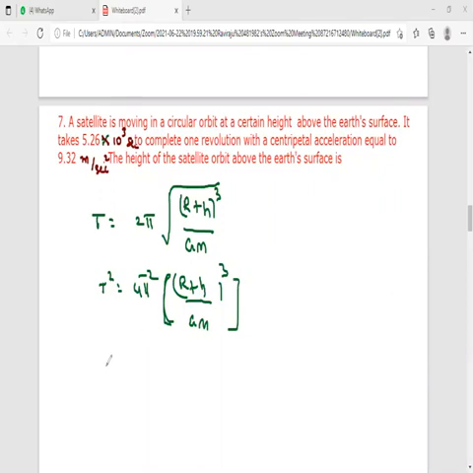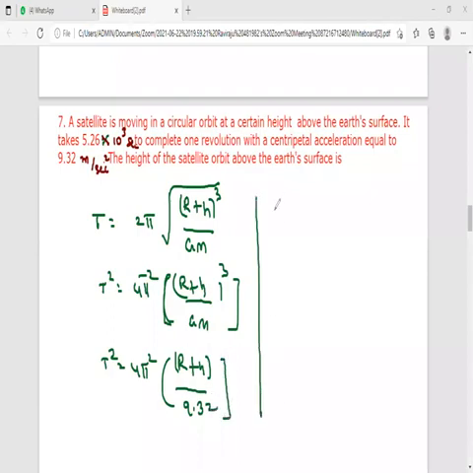We can write t square equal to 4 pi square into (R plus h), and the remaining is (R plus h) whole square by GM. Generally GM by (R plus h) whole square will be the small g value at that particular height. So for that you can simply write 9.32, as given.